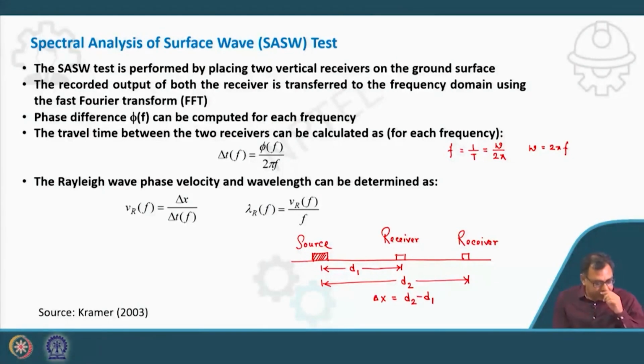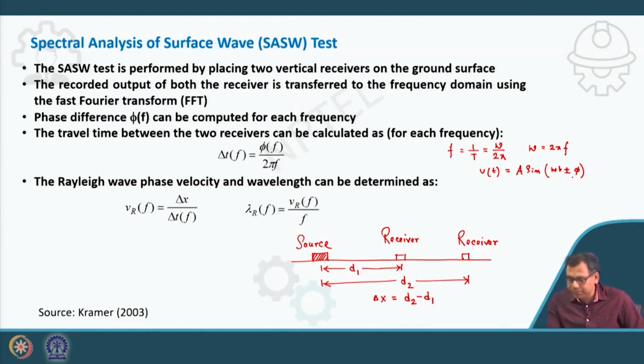And for a harmonic motion, we can write A times omega t plus or minus phi, where phi is the phase difference and A is the amplitude. These things I have already discussed.